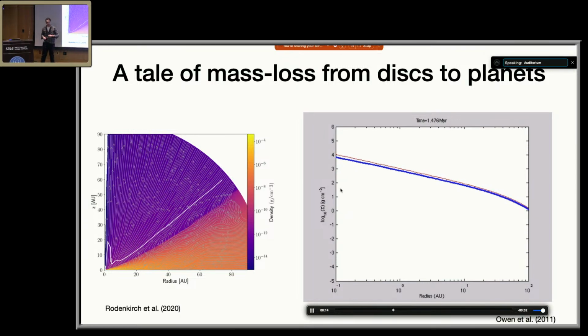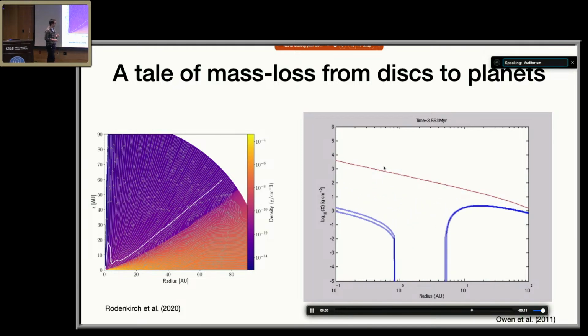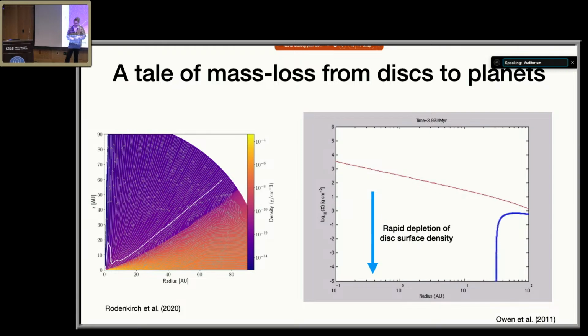But as time goes on, the accretion rate drops, the wind gets more significant, and you start starving the inner regions of these protoplanetary disks of resupply from the outside. Material is preferentially being lost in the wind. Eventually, you get to the point where the wind is more powerful than the accretion, and you rapidly disperse the inner disk. So you get a rapid drop in surface density.